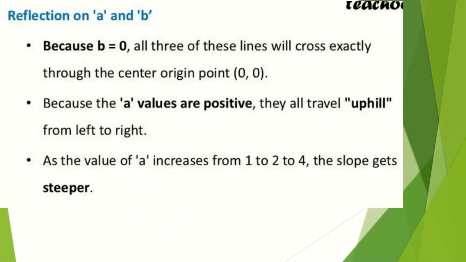Now we see the reflection here. Because B equal to 0, all 3 lines cross exactly through the origin. Now A values are positive, so all travel uphill from left to right. And the value of A increases from 1 to 2, 2 to 4, and the slope gets steeper.